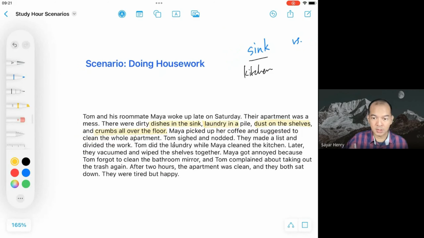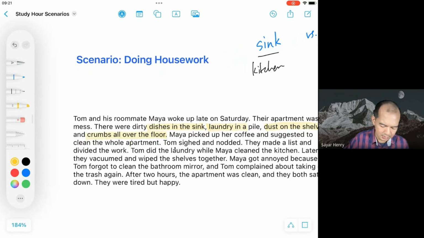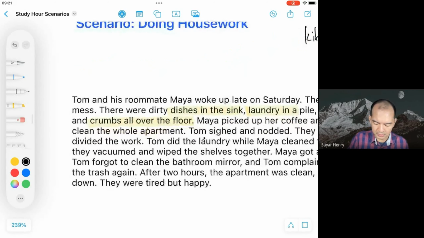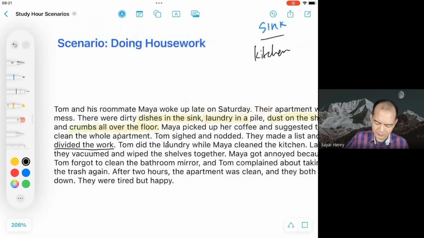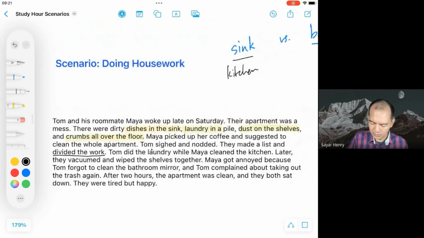This is useful. When you make a list, it's a good idea to divide the list into different sections or parts, especially when you are working together with someone else. Divide the work, or divide the tasks.